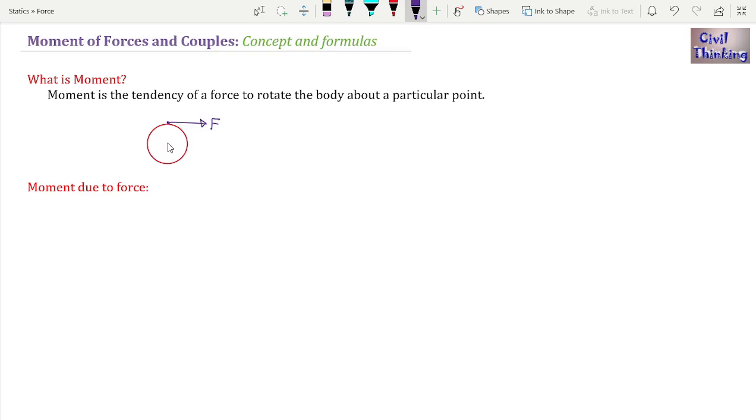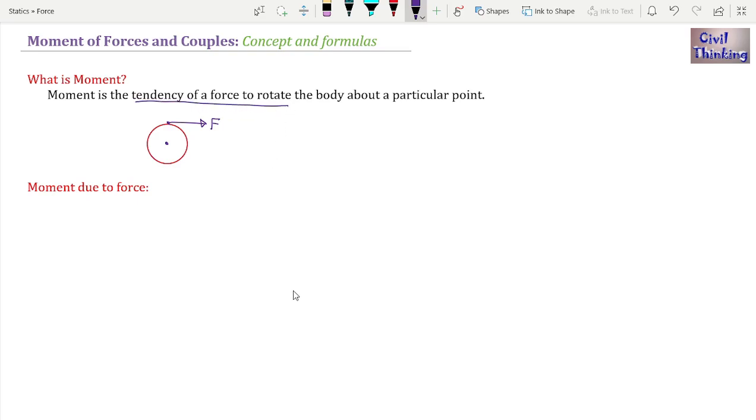For example, if I choose this point, the center of the circle, how much is the tendency of this force to rotate this circular body about this point? Will it rotate or will it not rotate? How much will it rotate? That is the moment. Moment is the tendency of a force to rotate.